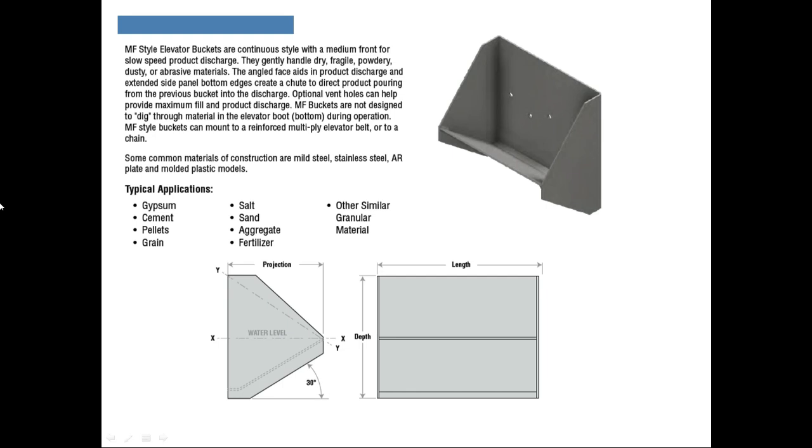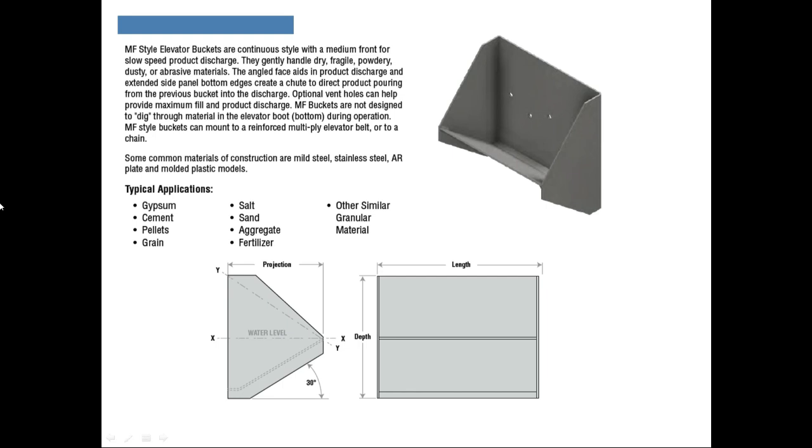MF style bucket elevators are commonly used for the continuous style with a medium front for slow speed product discharge. They gently handle dry, fragile, powdery, dusty or abrasive materials.